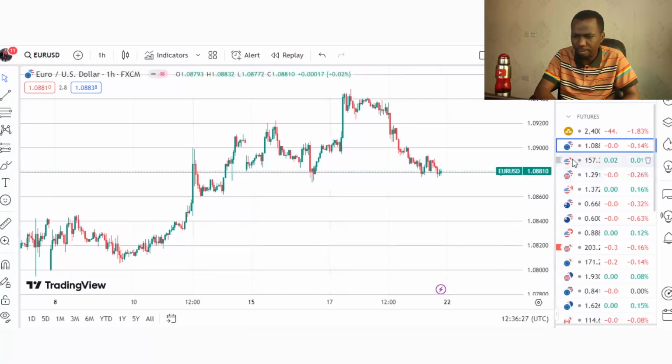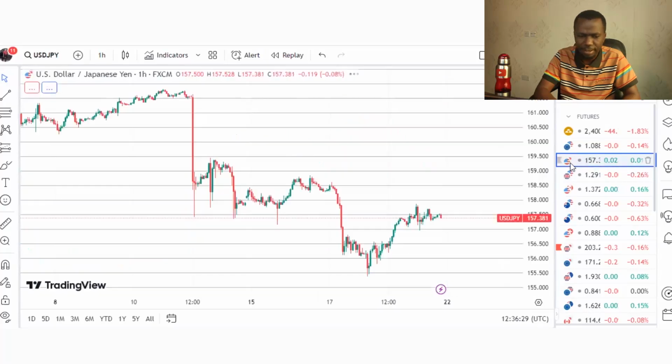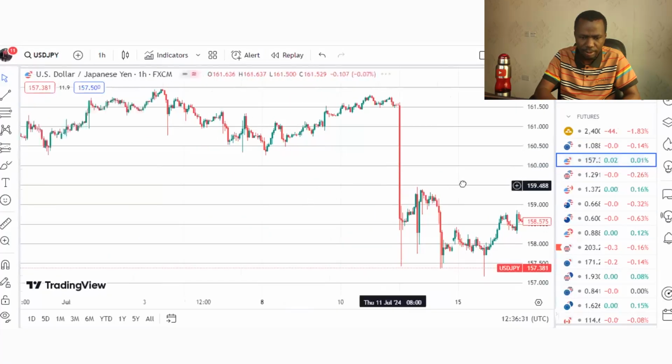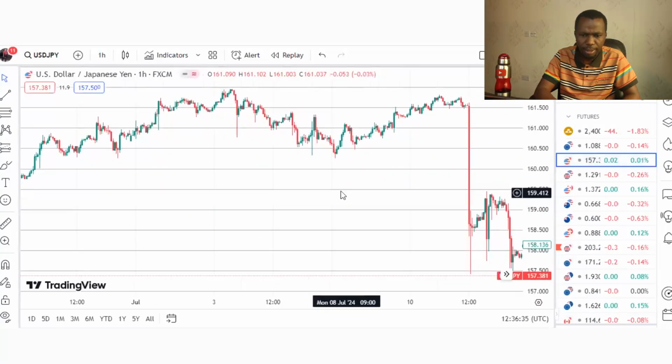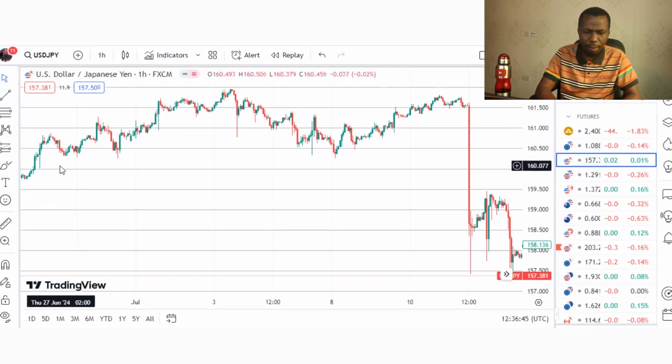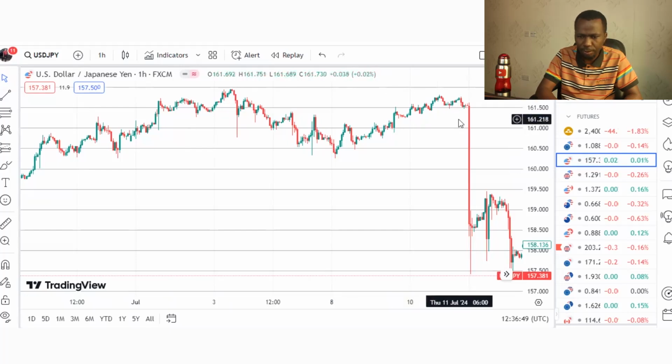Or let's look for another chart and see whether we can find an example there. Okay, let's use this for example. Now this is a 1-hour time frame on USD JPY, right? So now you can clearly see that from this point to this point, the market was consolidating.